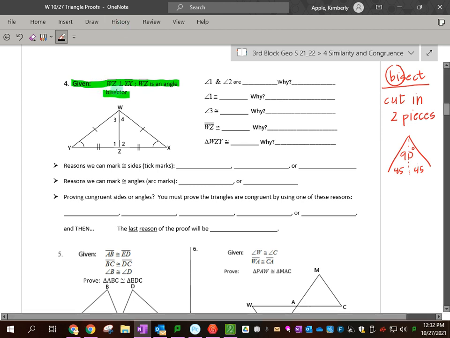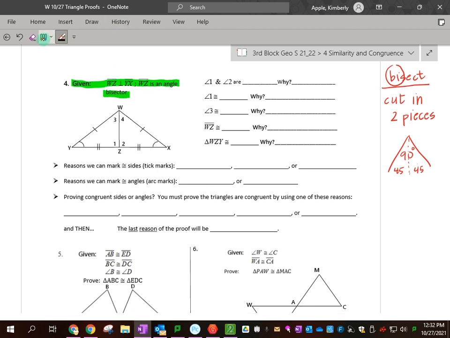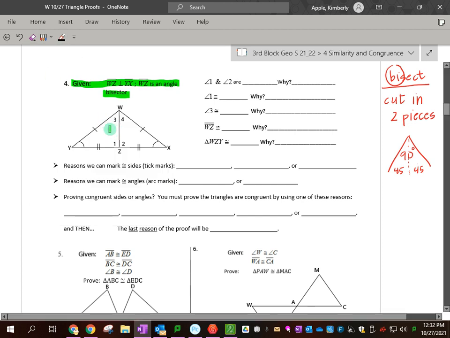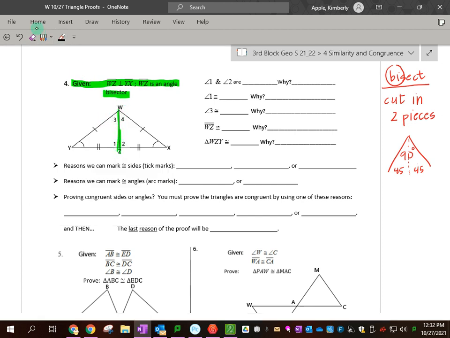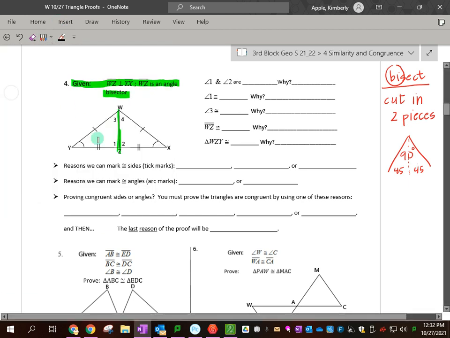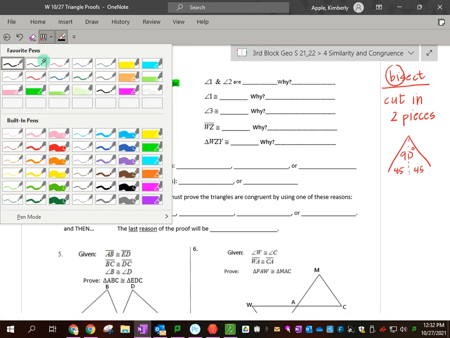So it says that WZ, so let's go find that, WZ is perpendicular to YX. Okay, YX. So those two lines are perpendicular. So I immediately can deduce some things.